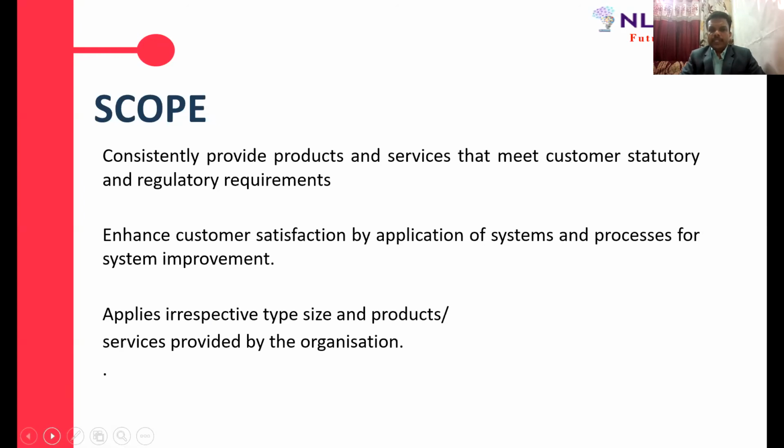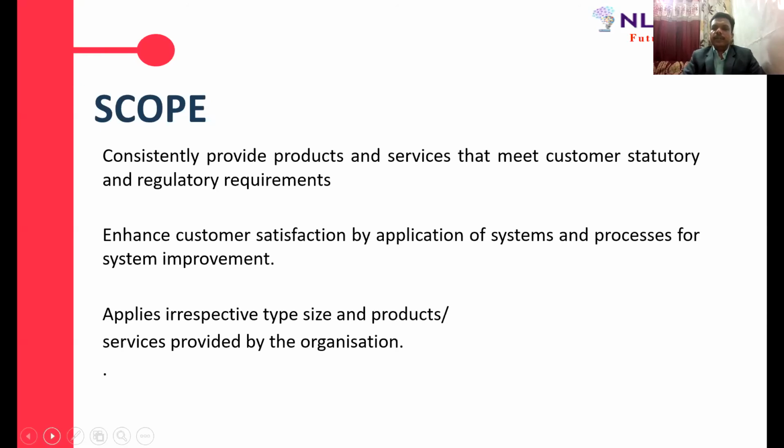So if you have to consistently deliver products and services that meet customer and regulatory and statutory requirements, all members of the organization from the top management to the last employee have to understand requirements, have to be in line with the quality management idea.